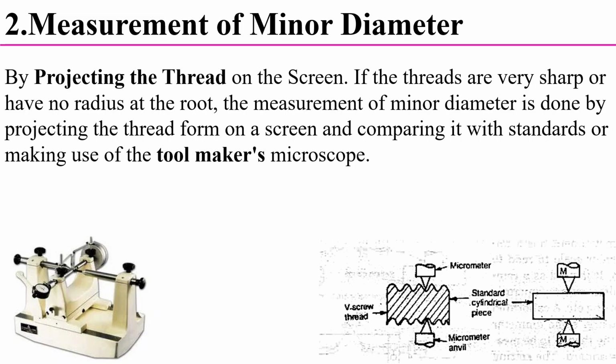By projecting the thread on the screen, if the threads are very sharp or have the nose radius at the root, the measurement of the minor diameter is done by projecting the thread form on a screen and comparing it with standards or making use of the tool maker's microscope. So the minor diameter as well as the major diameter will be determined by the profile projector as well as the tool maker's microscope.